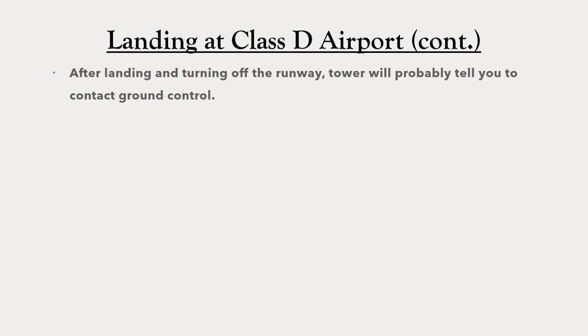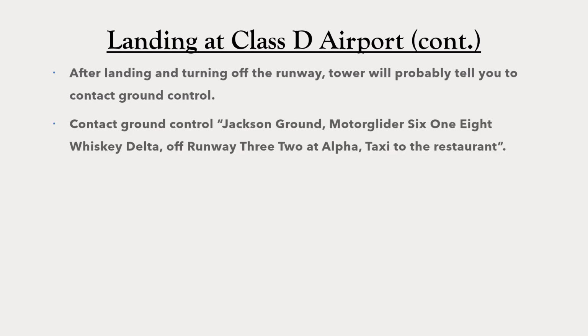After you land, you turn off the runway and usually they'll give you an instruction to contact ground control. So after you've cleared the runway, you would say something like, "Jackson ground, motor glider 618 Whiskey Delta off runway 32 at Alpha, taxi to the restaurant."